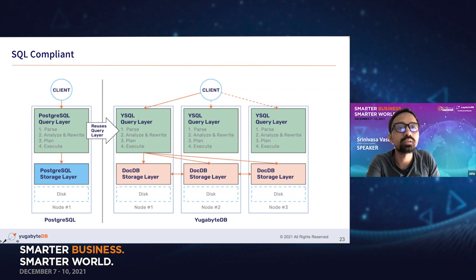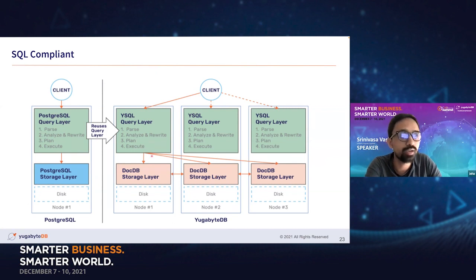Let me quickly get the pointer, just one second. In the case of a single node Postgres system, the query layer and the storage layer both run on a single machine. Whereas in the case of Yugabyte, it's distributed. You'll find a stateless Postgres process living in every node, working with the distributed storage layer.